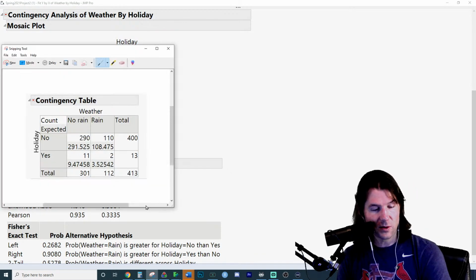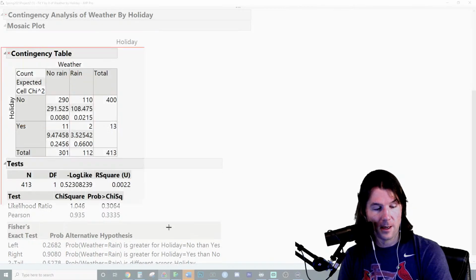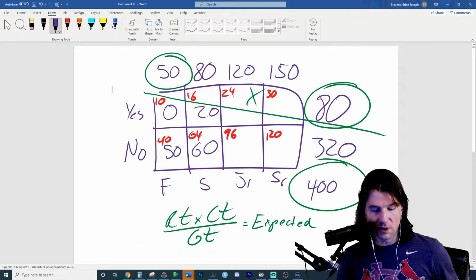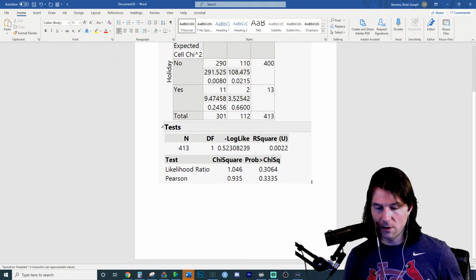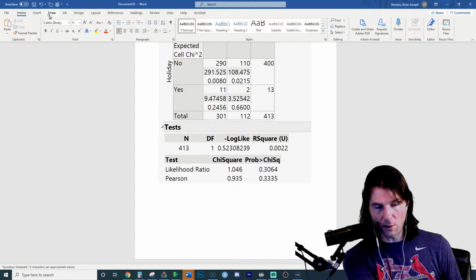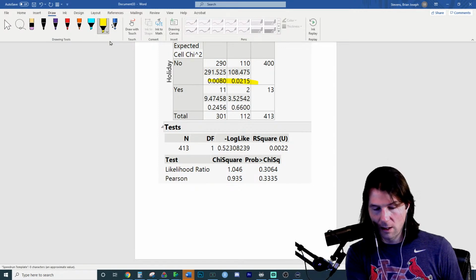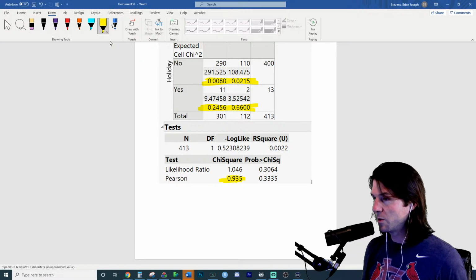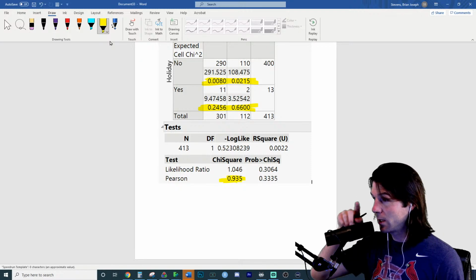When we look at this result, it's important to know that with your cell chi-squareds, you take all the cell chi-squareds and add them up. If you add up all these numbers, you get the following number.